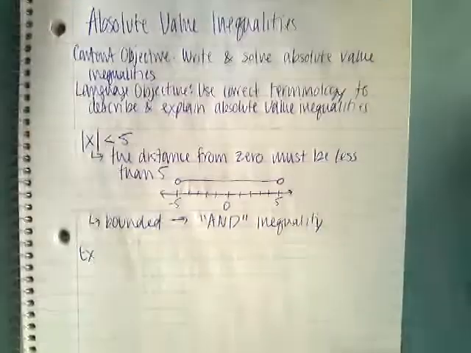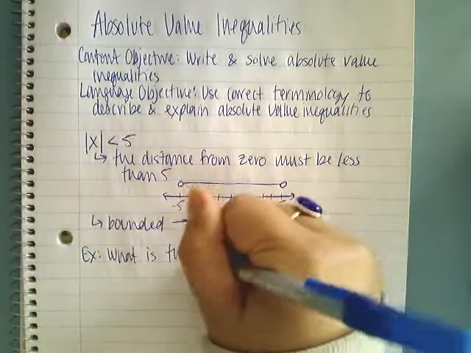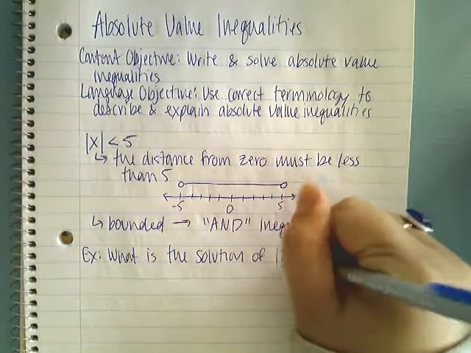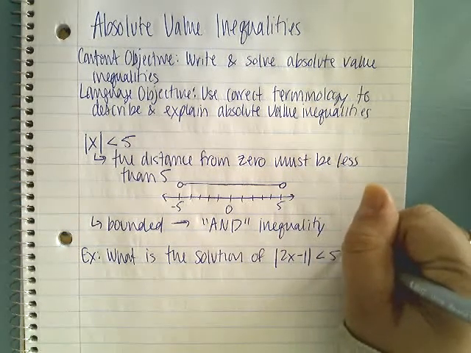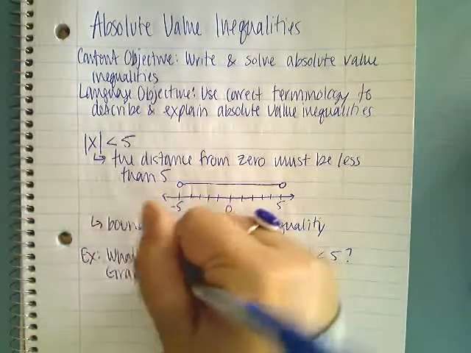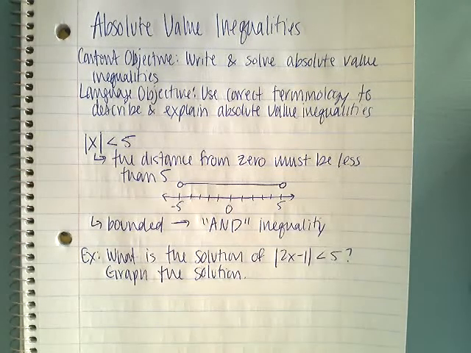So our example asks, what is the solution of the absolute value of 2x minus 1 is less than 5? This time I want to make sure that we graph the solution. So let's do that.